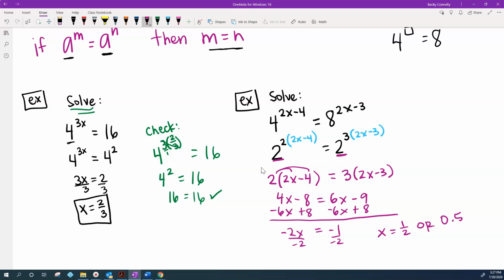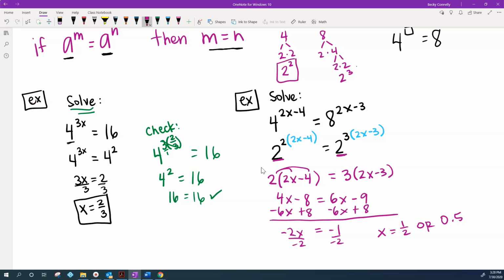Yeah, and sometimes when the numbers get trickier, what I tell students to do is make a little factor tree. So 4 is 2 times 2, 8 is 2 times 4, and then I can see that's 2 to the second power, and this is 2 to the third power.